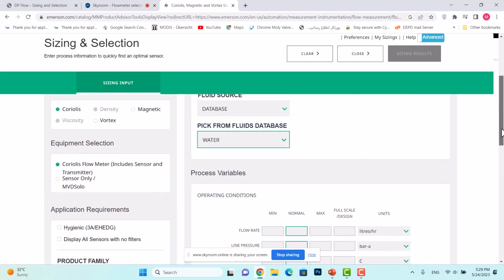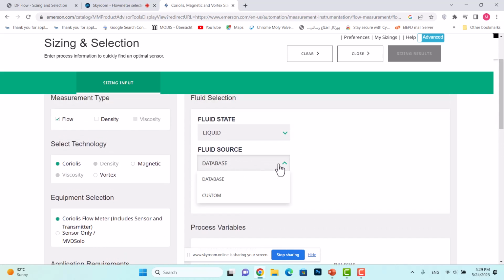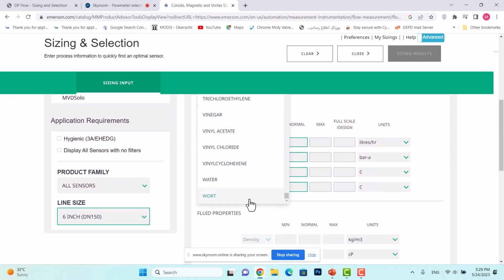And then you have to fill in some information about the fluid and process variables. The fluid is a liquid. For the fluid source, you can select the database or custom. You can simply select the database, and the software will calculate the properties of the fluid from its database. So pick the fluid from the database, it is methanol.